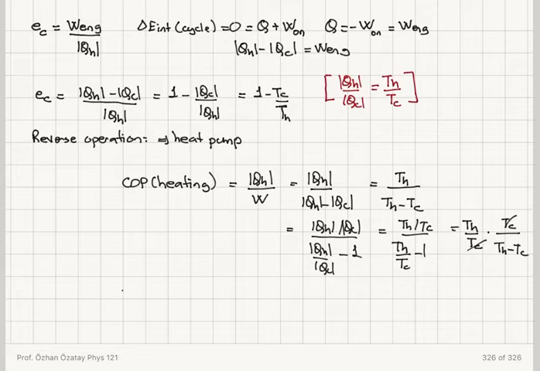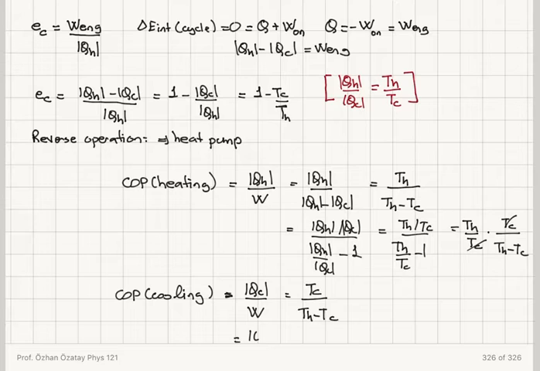Now similarly, for the cooling mode, coefficient of performance cooling mode, the useful output is the energy that I'm extracting from the cold reservoir, QC, divided by the work done on the engine, and this is going to be similarly TC over TH minus TC, because this is equal to QC over QH minus QC.